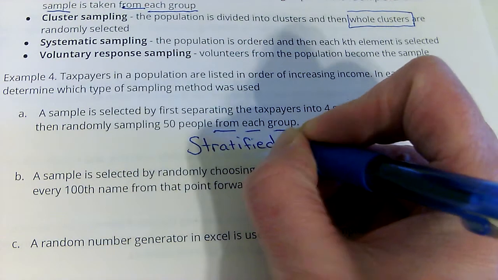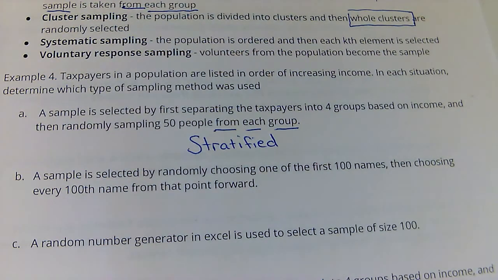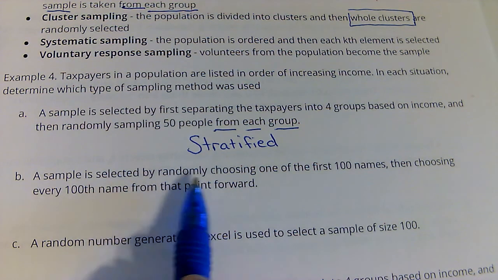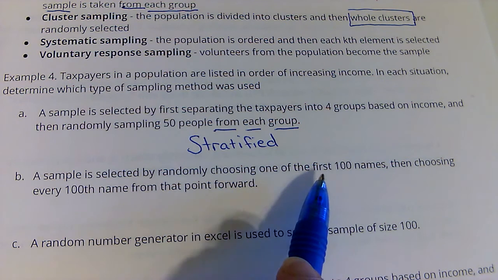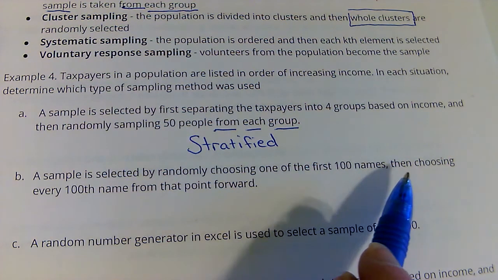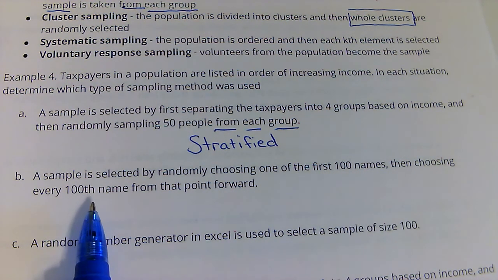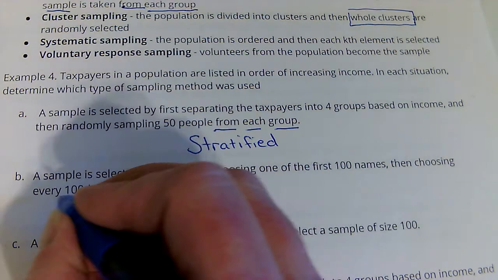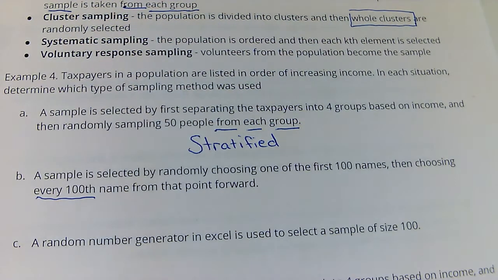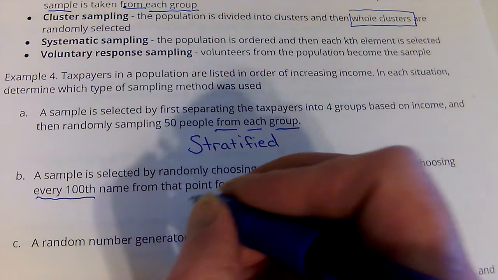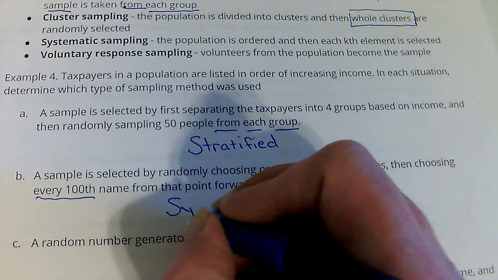Each group is going to be equally represented. A sample is selected by randomly choosing one of the first 100 names, then choosing every 100th name from that point forward. That's going to definitely be systematic.